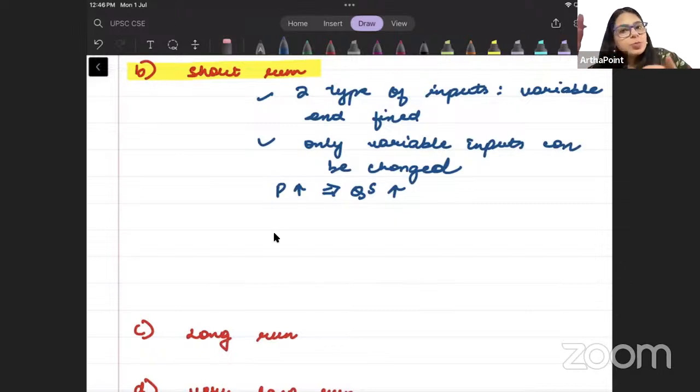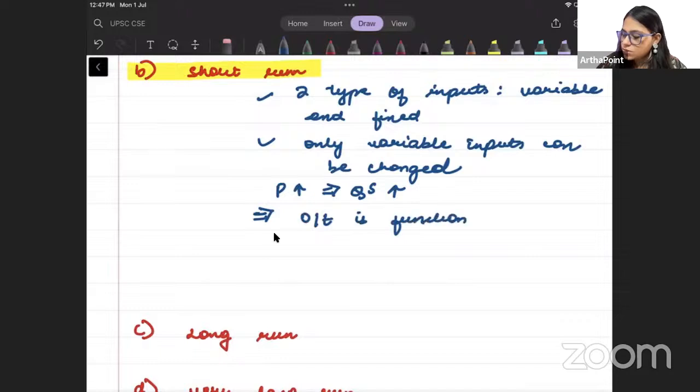एक point के बाद मैं output को नहीं increase कर पाऊंगी. We have studied the concept of diminishing marginal product of inputs. Because I am only changing the variable inputs and I cannot change the fixed inputs, my output can increase, output तो बढ़ेगा, but only up to some level. So now quantity is a function of price.